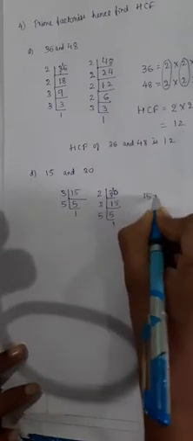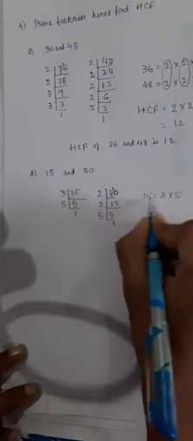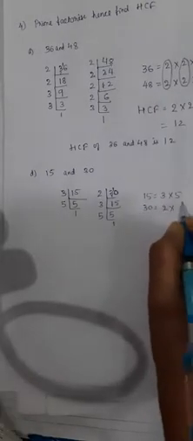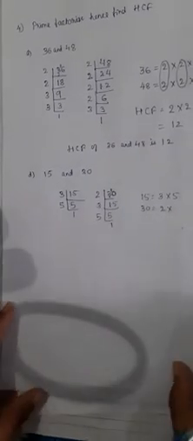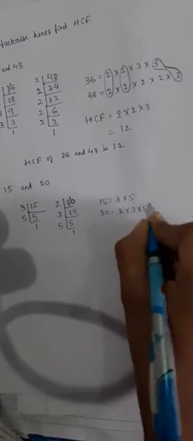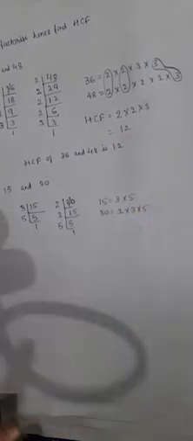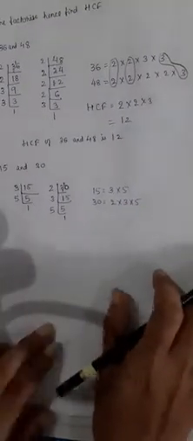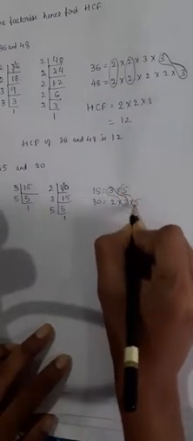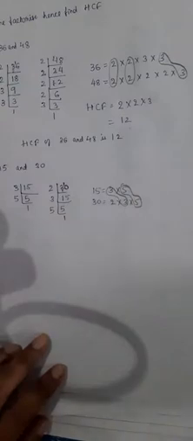So 15 you will write as 3 multiplied by 5. And 30 we will write as 2 multiplied by 3 multiplied by 5. So here the common ones are 3 and 5.